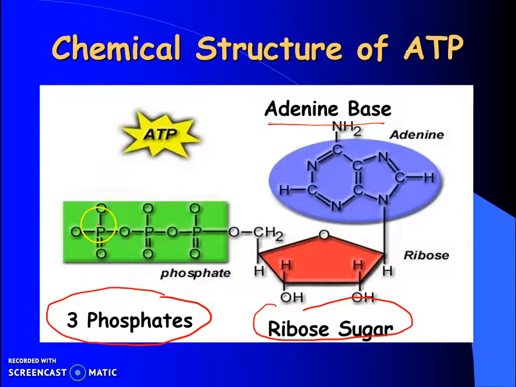You can see one phosphate here, two, and three phosphates. And these phosphates are joined with each other with a chemical bond. So in short, this is ATP, or adenosine triphosphate. Tri means there are three phosphates joined together with a chemical bond, and it has one ribose sugar.